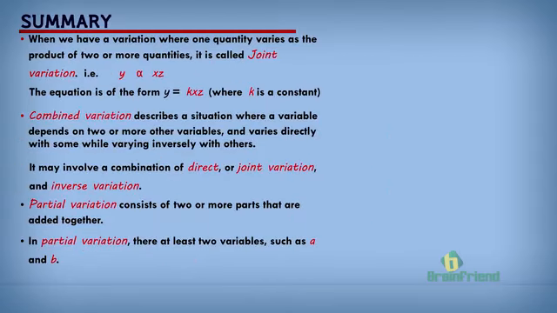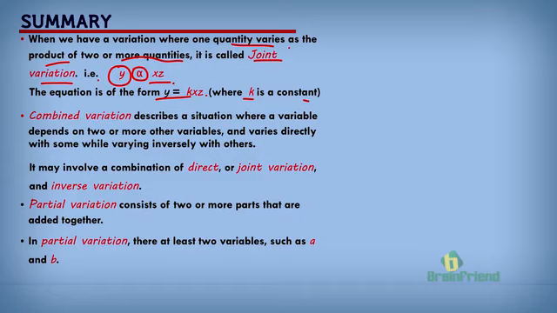Let's do a quick recap to see if we remember all that we learned. We said where we have a variation where one quantity varies as the product of two or more quantities, we call it joint variation. That is, y is proportional to xz. And of course, we write that equation as y is kxz, where k is our constant of proportionality.